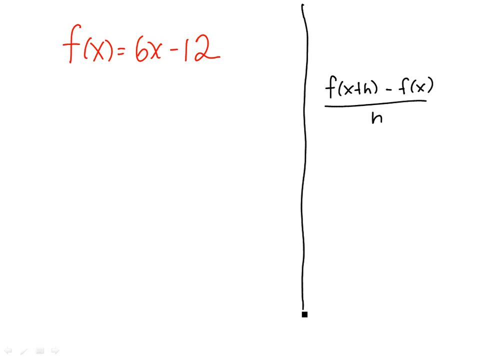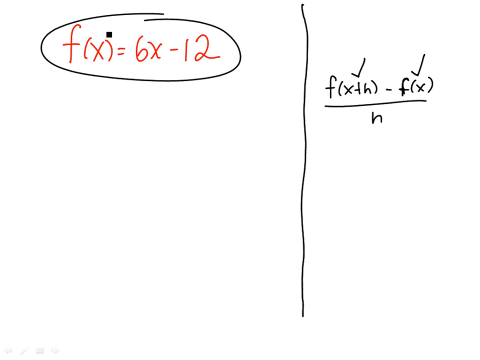We need to figure out what f of x plus h is, and we need f of x. But guess what? We already know what f of x is. It's right here. So really we only need to figure out one thing: what is f of x plus h?